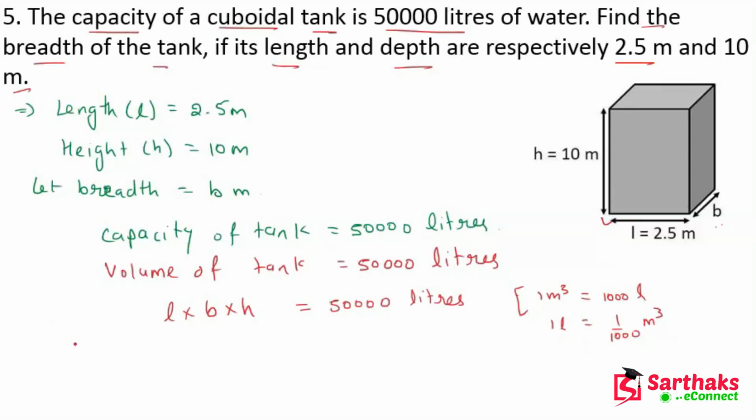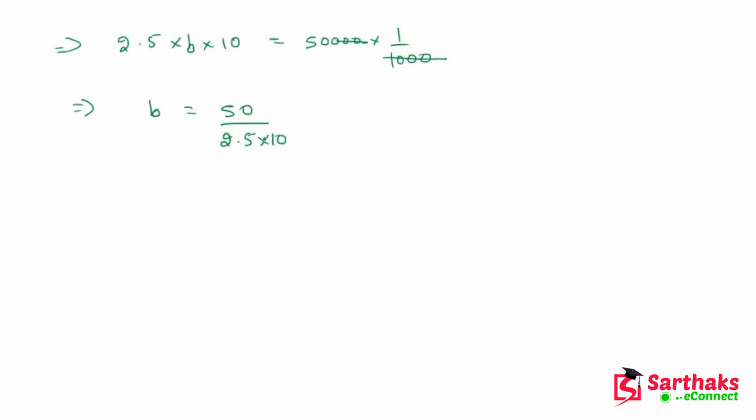So we can write 2.5 into B into 10 is equal to 50,000 into 1 upon 1000. These 3 zeros and these 3 zeros will be cancelled. So we get B is equal to 50 divided by 2.5 into 10.